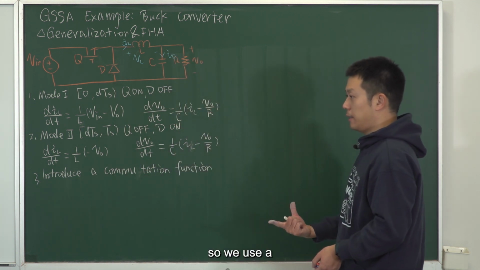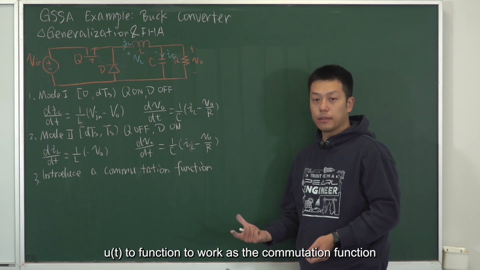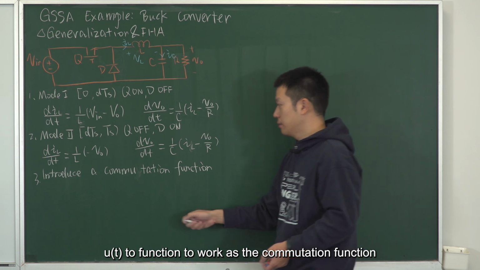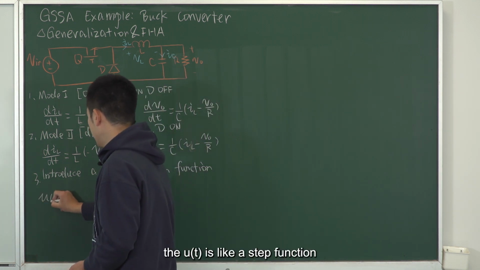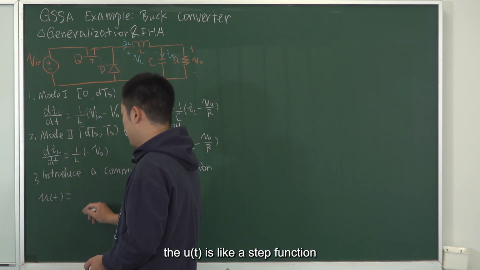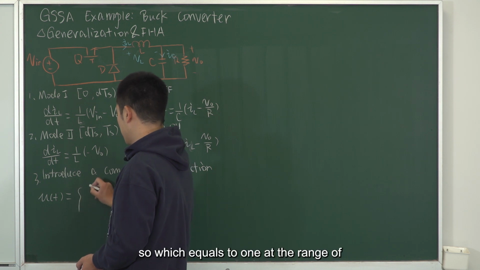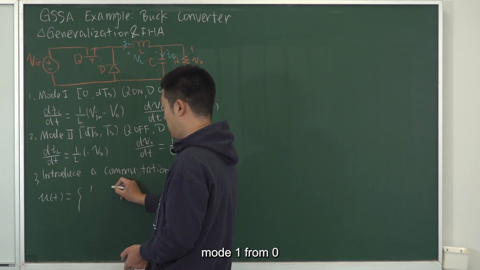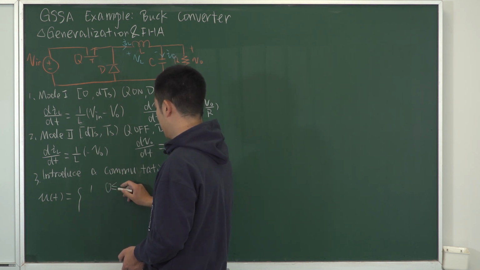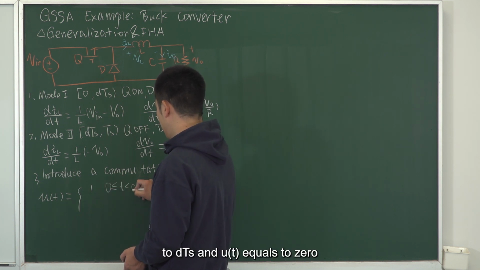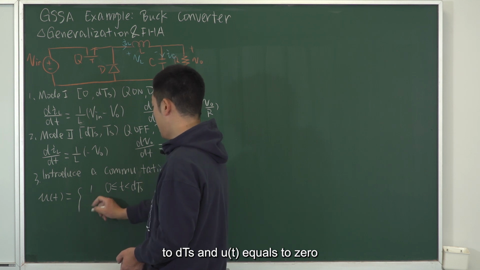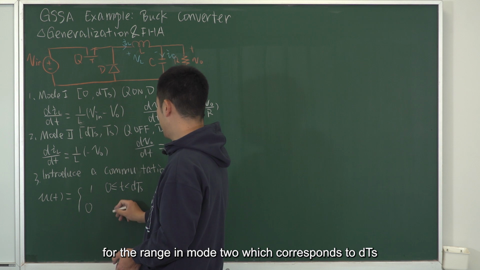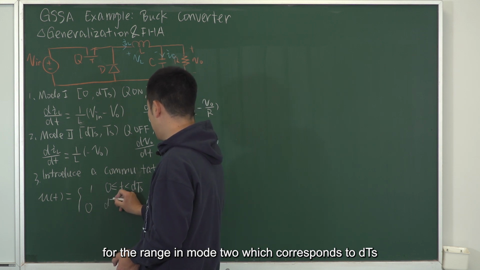So we use u(t) as the commutation function. u(t) is like a step function, which equals 1 in the range of mode 1, from 0 to DTS, and u(t) equals 0 in the range of mode 2, which corresponds to DTS to TS.